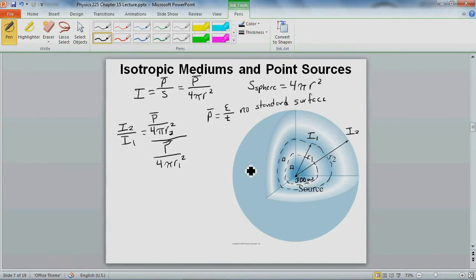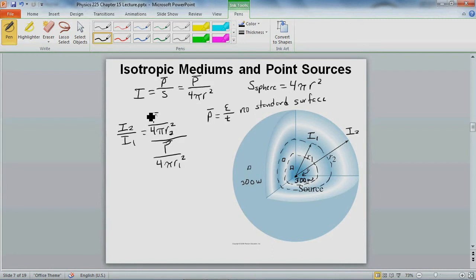And because it's being spread out over the surface, there is less energy per differential area that we're able to measure. But we always would get 300 watts because that is what our source is.